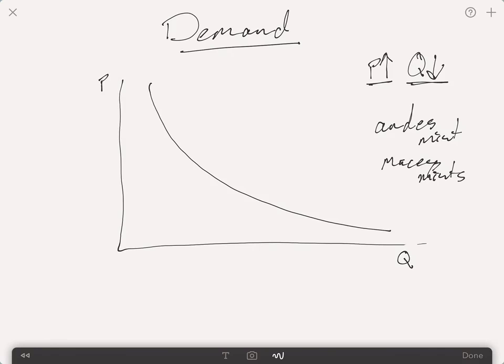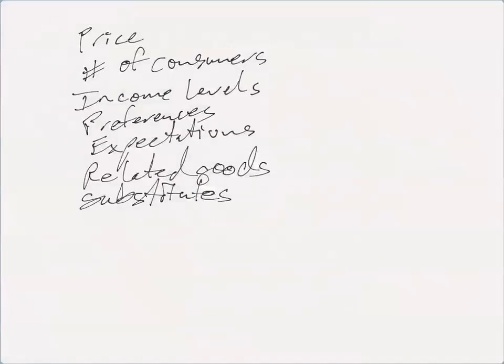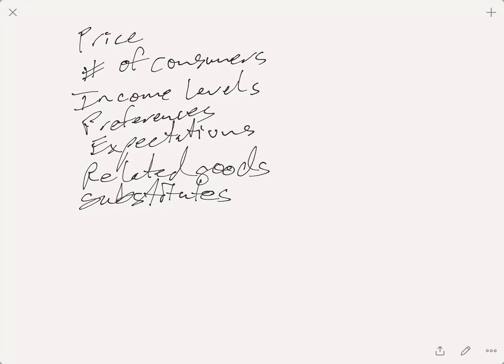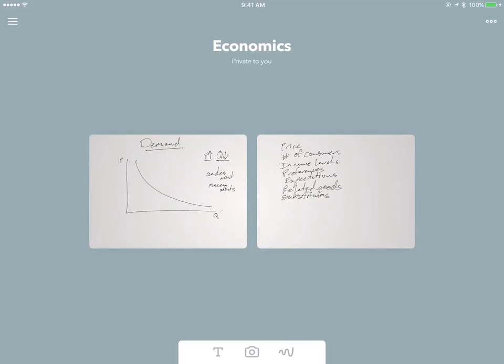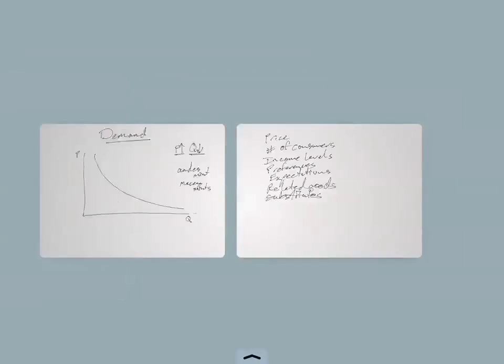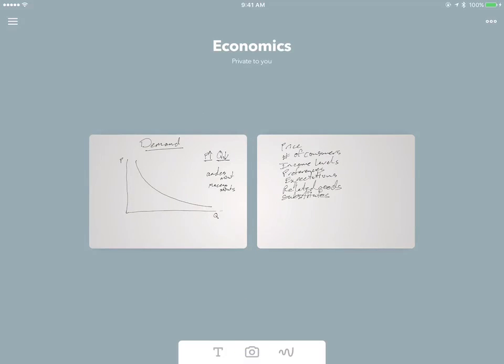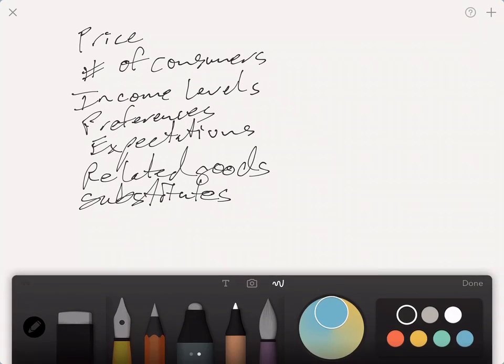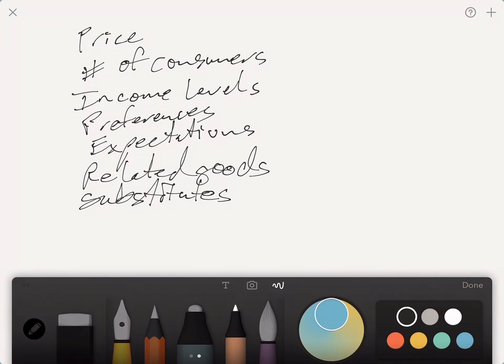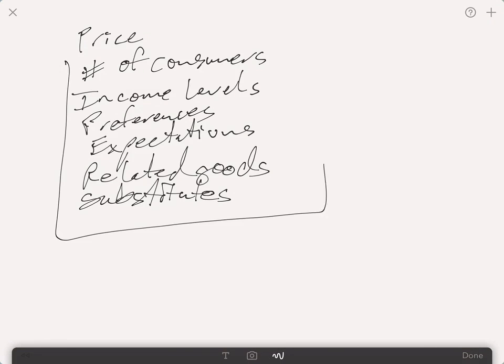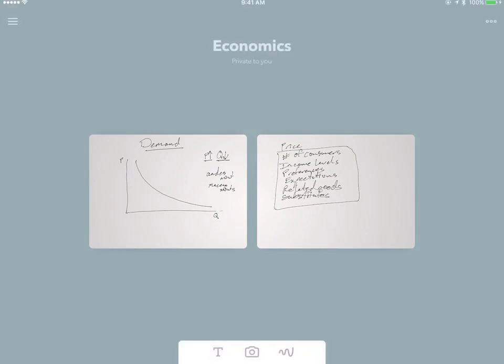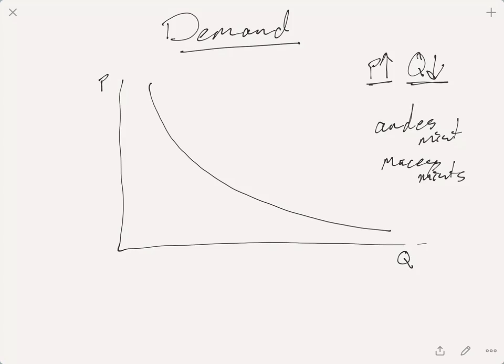which just means that our other factors that we talked about that influence demand, these ones here, the price, the number of consumers, the income levels, the preferences, the expectations, the related goods, the substitutes, all of those are held constant when we're looking at a particular demand curve.